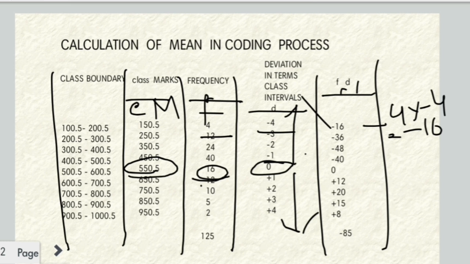Next step, we calculate summation of FD. Here summation of FD equal to minus 85 and summation of F equal to 125.